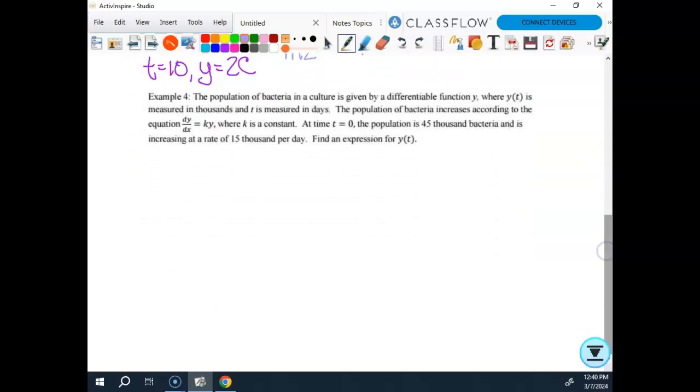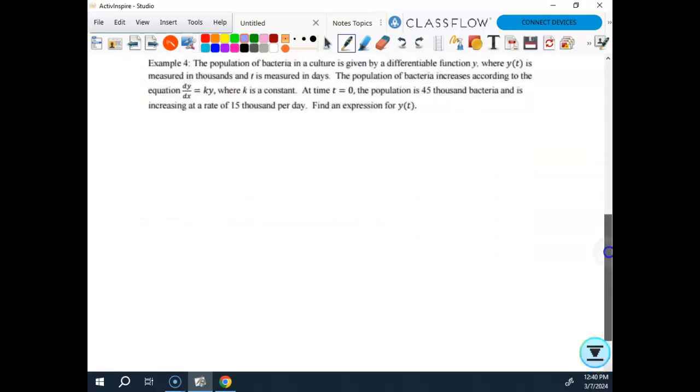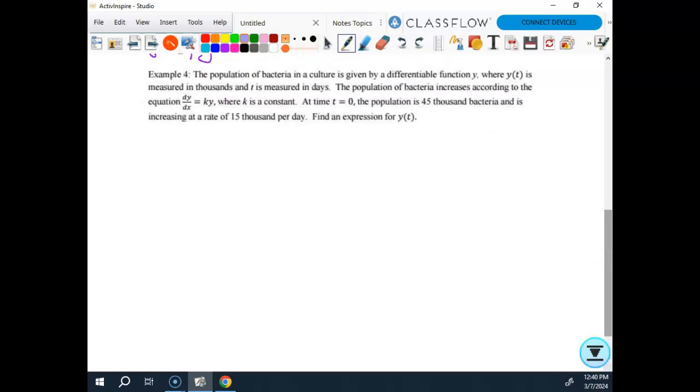Okay. The population of bacteria in a culture is given by the differential equation where y of t is measured in thousands, t is measured in days. Okay, so y of t is measured in thousands. We probably need to pay attention to that. T is measured in days. The population of bacteria increases according to this equation.